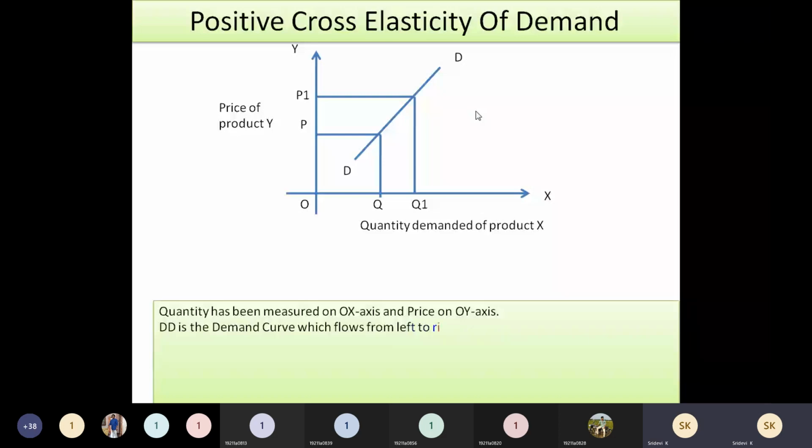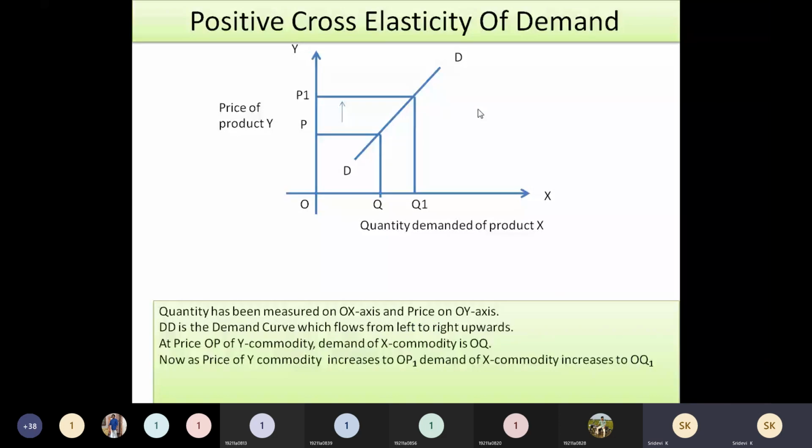So price of Y commodity and demand of X commodity. So we have taken OP and OQ from where we are comparing. So when the price is increasing, you have to show it like that, increasing from P to P1. Demand also increases from Q to Q1.